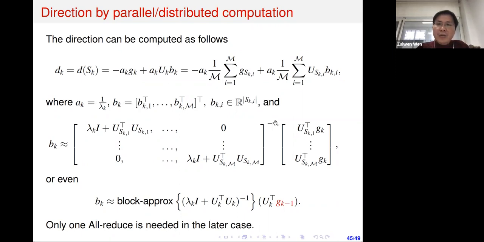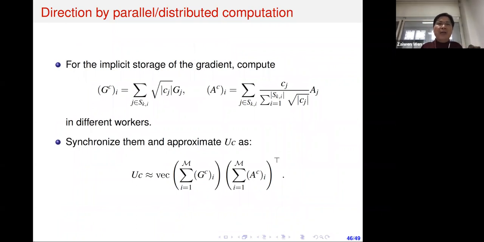In order to reduce the communication cost, instead of using G_k here, you can replace it by G_{k-1}. Therefore, those two summations can be done all at once. We just need one all-reduce operation.